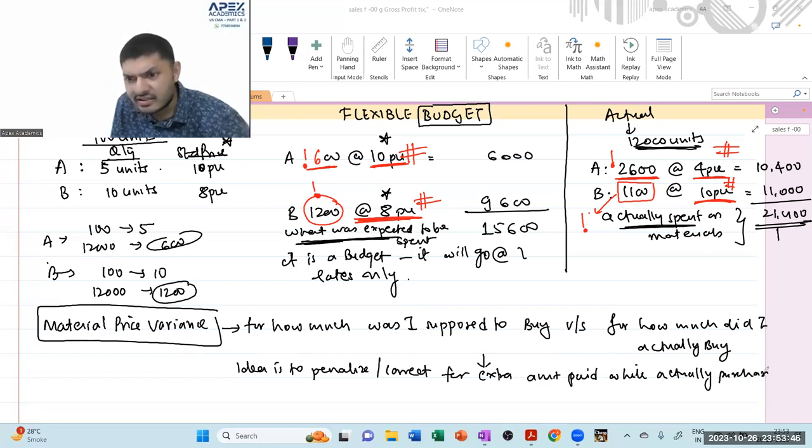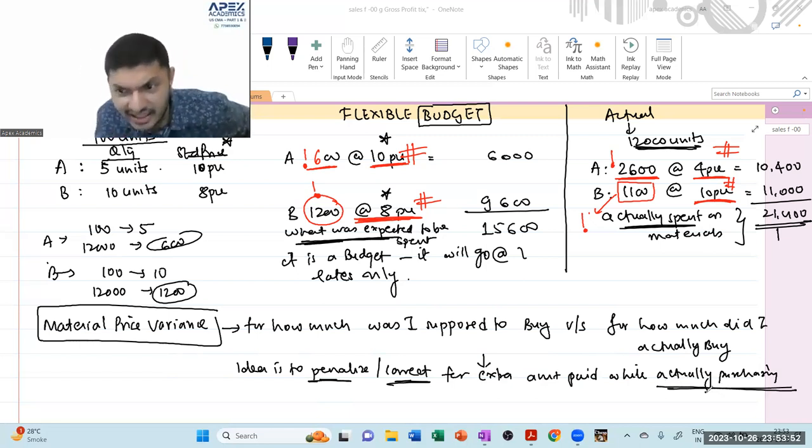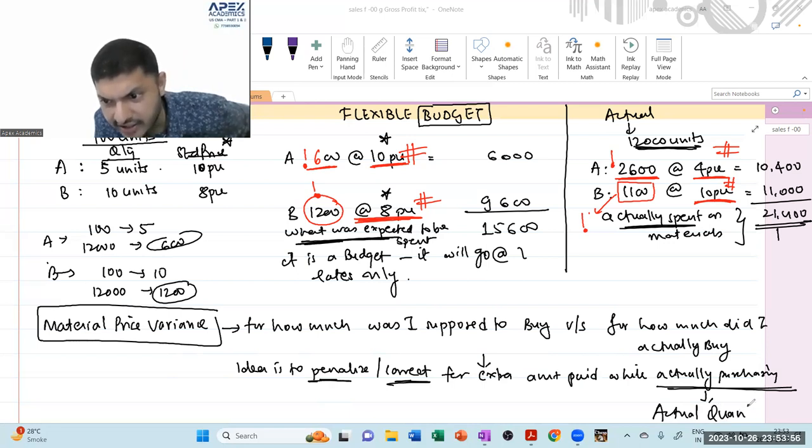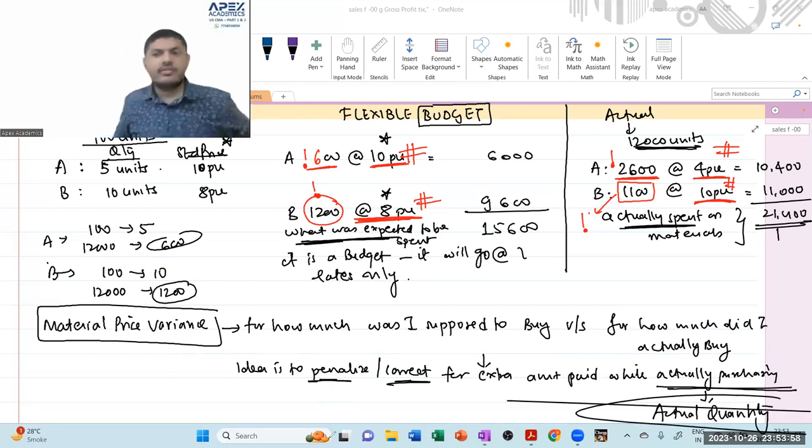What is the idea? The idea is to penalize, that is punish or correct for extra amount paid while actually purchasing, and that is why we always take into consideration actual quantity for this particular variance.